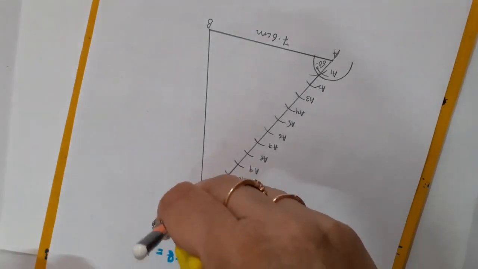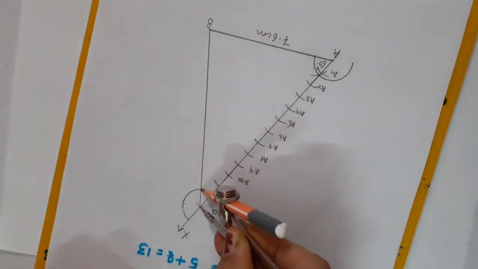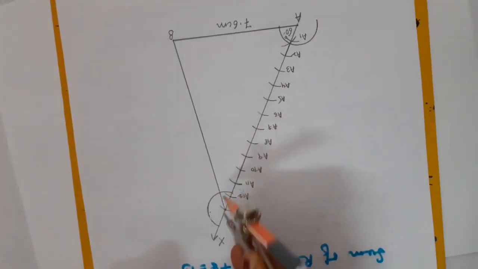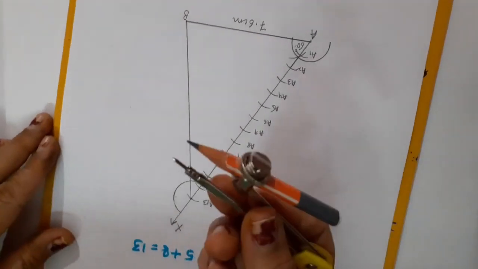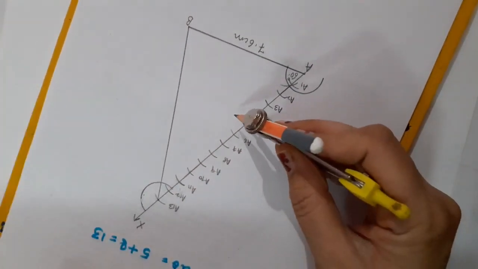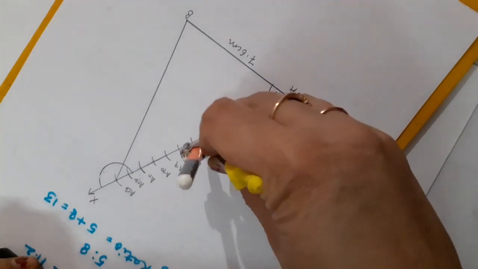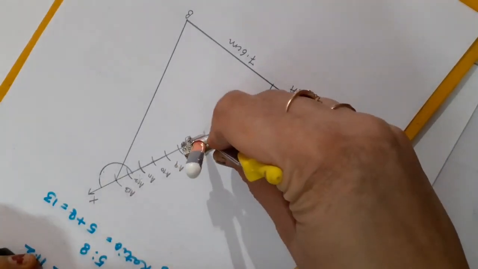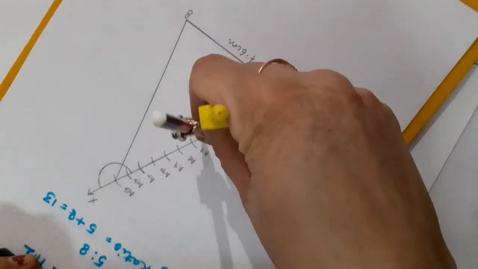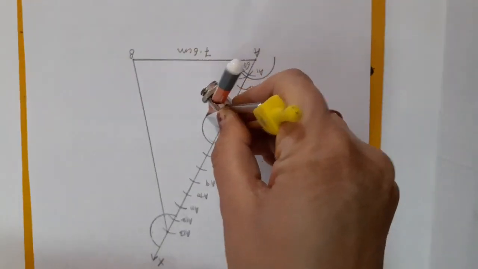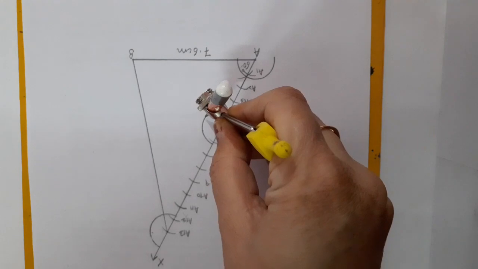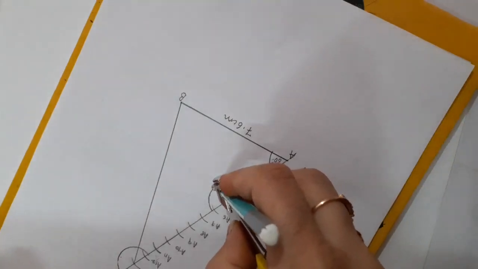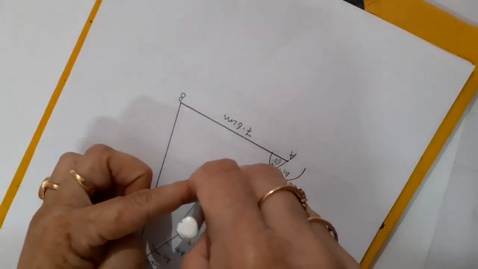Now children, you can see that I am drawing an arc at point A13. Then using the same compass, I am going to draw the arc at point A5 as well. Why did I choose A5? Because I am going to draw this arc. You can see, children.